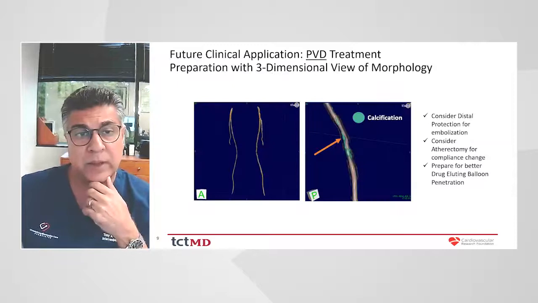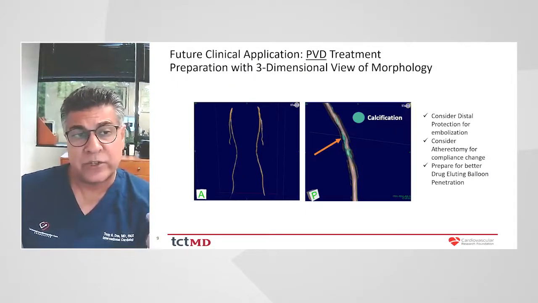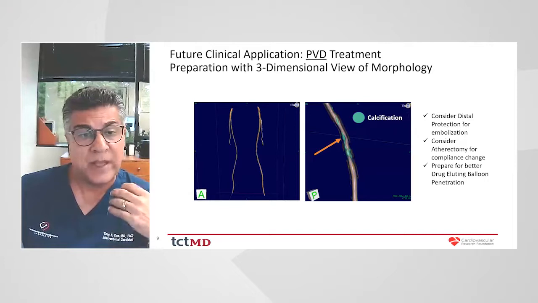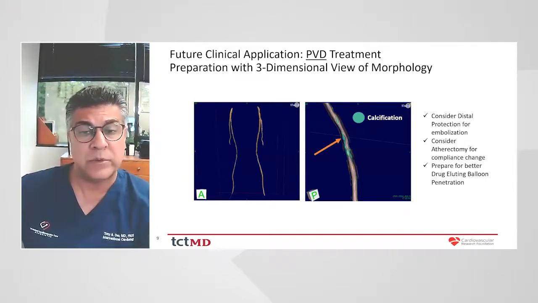In addition, if you think about extending this into the peripheral vascular space, 3D evaluation of vascular disease in the lower extremity might identify patients that have heavy calcification, where we might want to consider distal embolization protection, reducing the risk of distal embolization problems with critical limb ischemia patients.